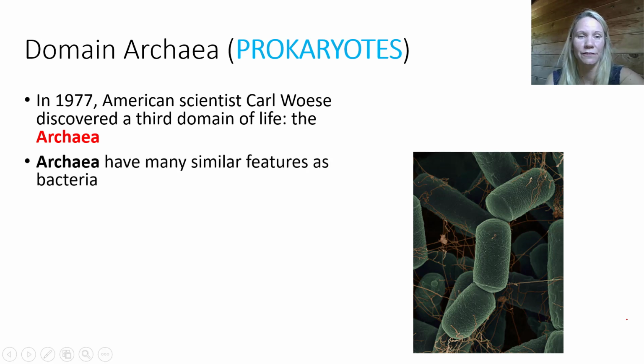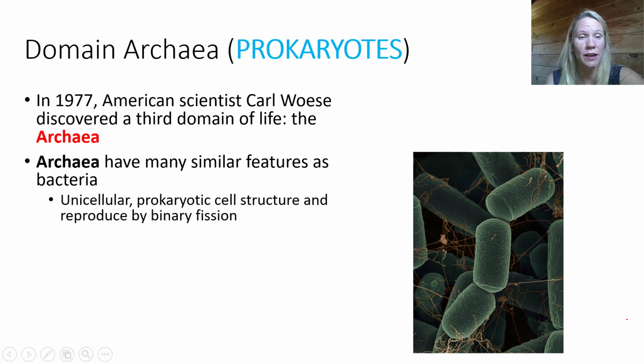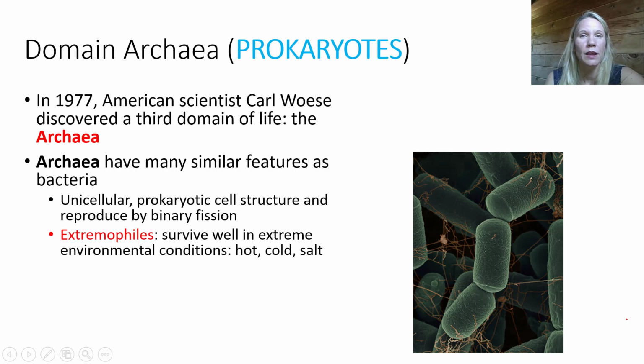So let's talk about their features. Basically, very similar to bacteria in that they are unicellular, they are prokaryotic in their cell structure, and they reproduce by binary fission, the asexual reproduction method. They are known to persist and survive in extreme environments and have adaptations that allow for that survival.